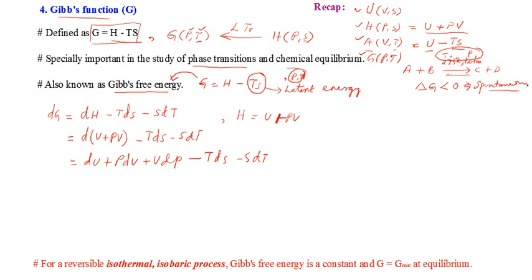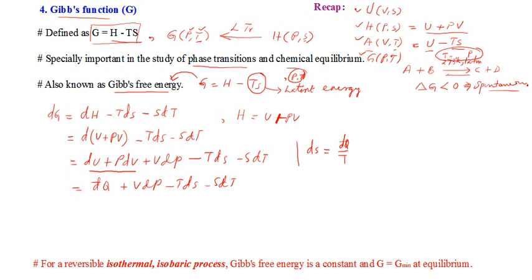Now, can't you combine dU plus PdV? What is dU plus PdV? From the first law of thermodynamics, that is nothing but d bar q. So I can write this as d bar q plus VdP minus TdS minus SdT. You can get rid of many of these steps; I'm just doing all the steps so that it's clear to you. Now you know that from the usual equation for the definition of change in entropy for a reversible process, dS is equal to d bar q by T. We have been using all these equations.